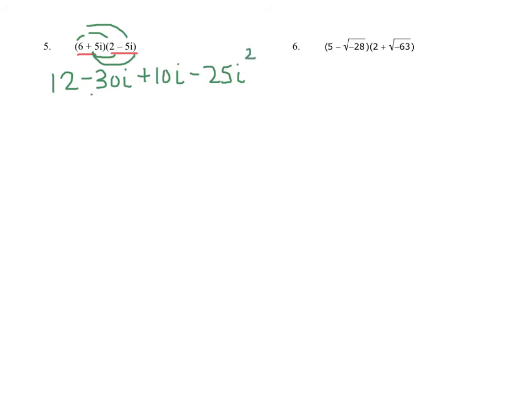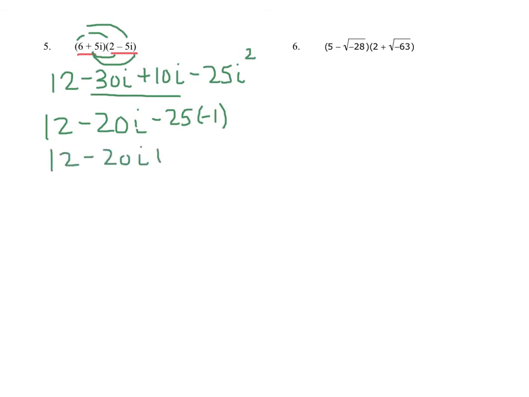Now, the like terms here can combine, so we've got 12 minus 20i. And the minus 25i squared is the same as negative 25 times negative 1. So we've got 12 minus 20i, adding 25, and we can write the final answer as 37 minus 20i.